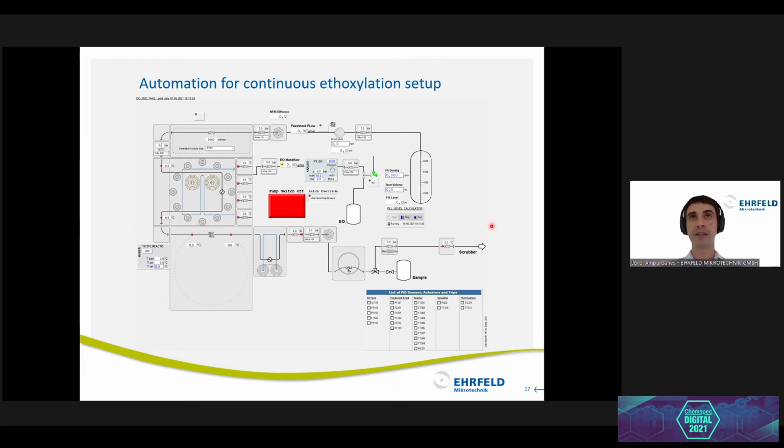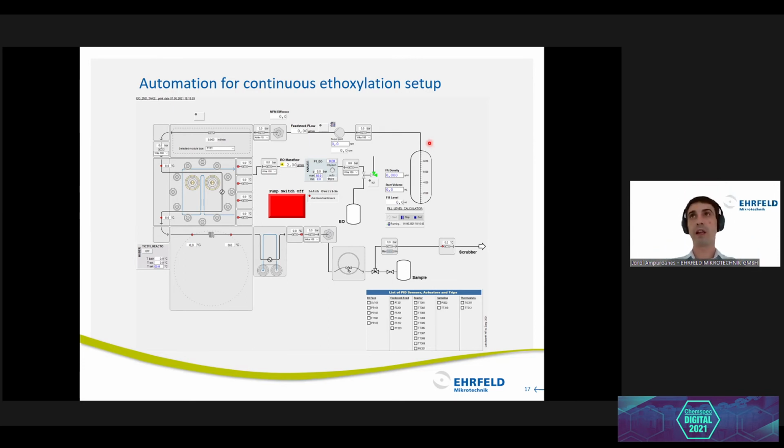So with this automation implemented in this setup, it's not possible that there is flow of EO if there is no flow of feedstock, and at the same time, if the reaction conditions are not met. So this is an important contribution of the automation.